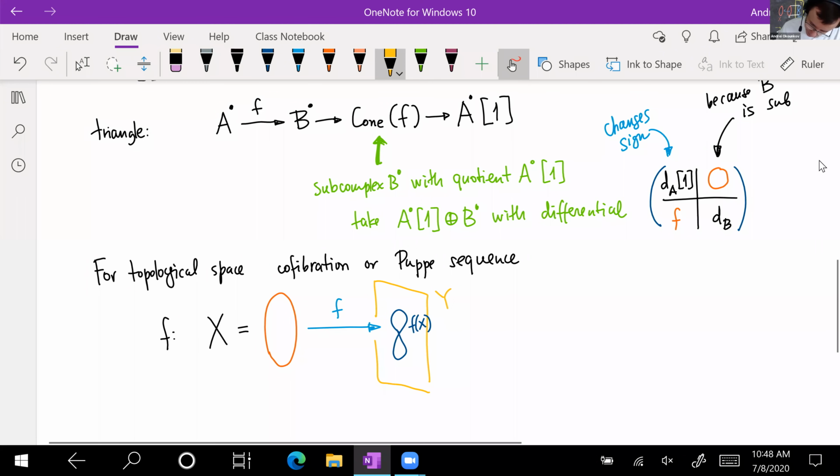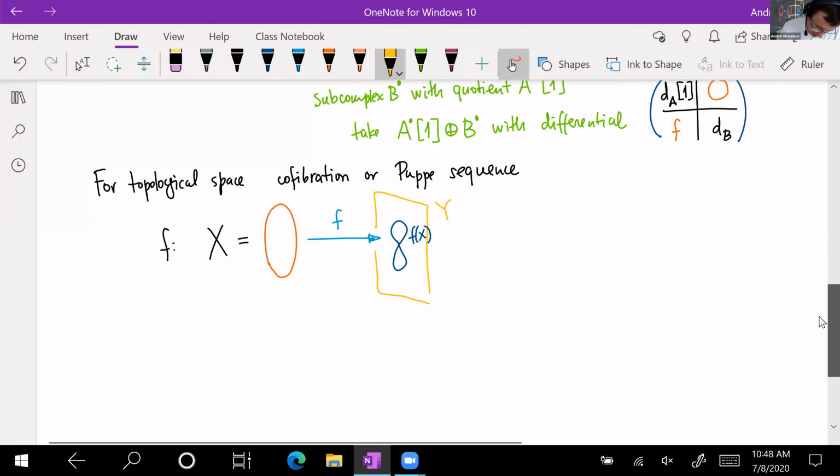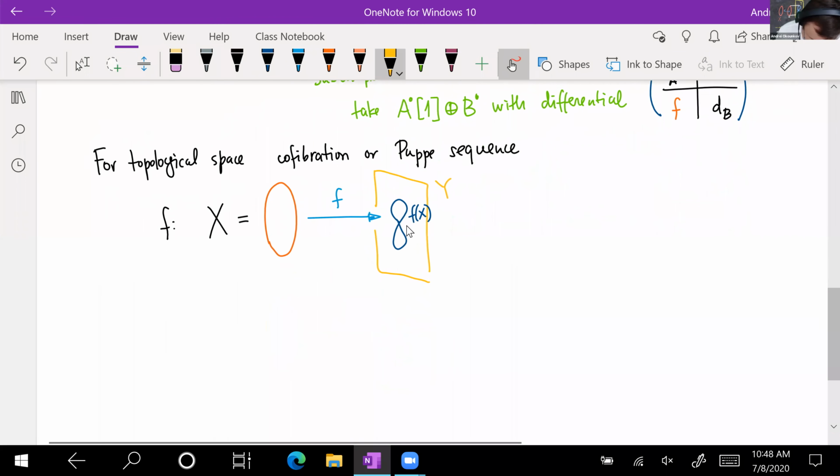For a variety of reasons, it's good to represent this map. The first thing to do is replace the target of the map, up to homotopy, by something that makes this f an embedding. Maybe yellow was an unfortunate choice for the color of Y, but let's continue with that.